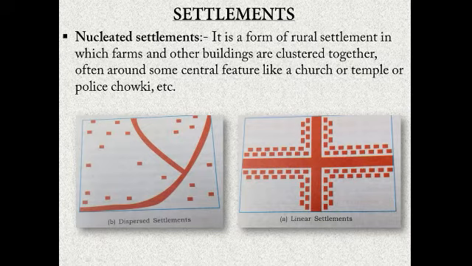And nucleated settlements. It is a form of rural settlement in which farms and other buildings are clustered together, often around some central feature like a church or temple or police chowki, etc. Because they are near the farms or other buildings, they are living together. That's clustered, nucleated. They are living very close to each other.